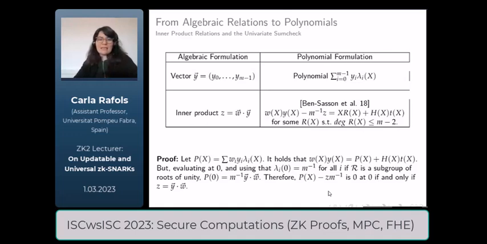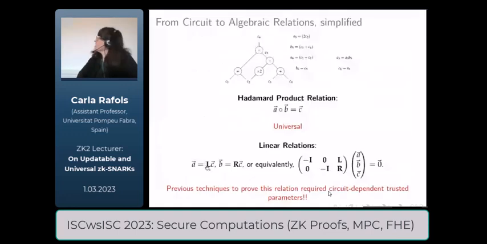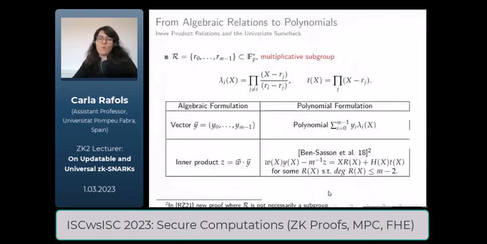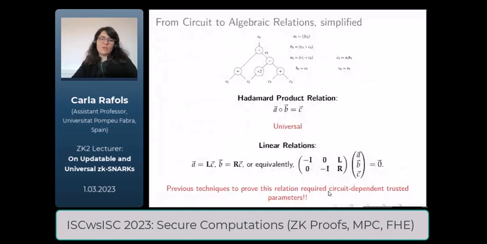But essentially, we know how to prove one linear relation because we know how to do an inner product, right? So if this was one vector with one single component, this allows me to prove it in one shot.